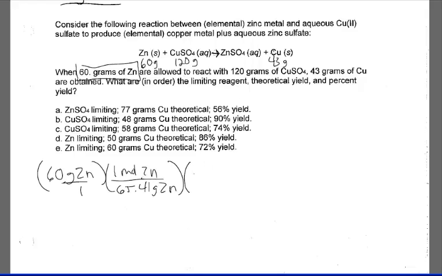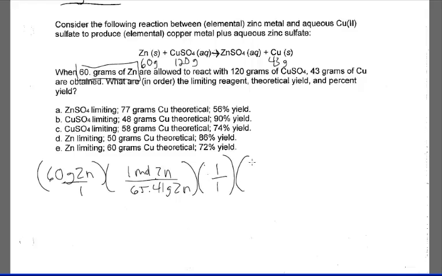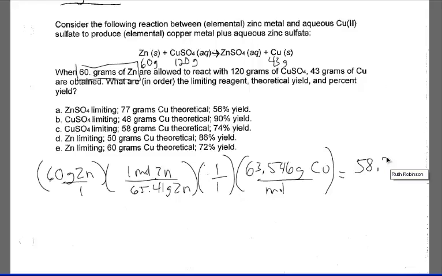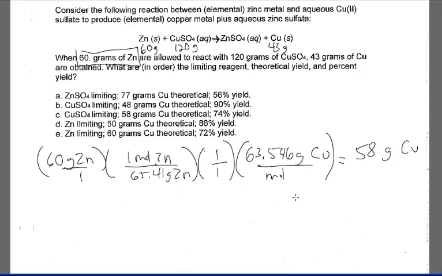And it's a 1-to-1 ratio from copper to the zinc, so we'll do a 1-to-1 mole ratio, and then we'll convert it to grams of copper. 63.546 grams of copper per mole. So if zinc were the limiting reagent, we'd get 58 grams of copper.